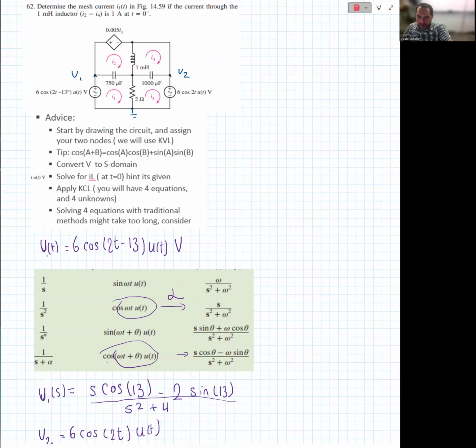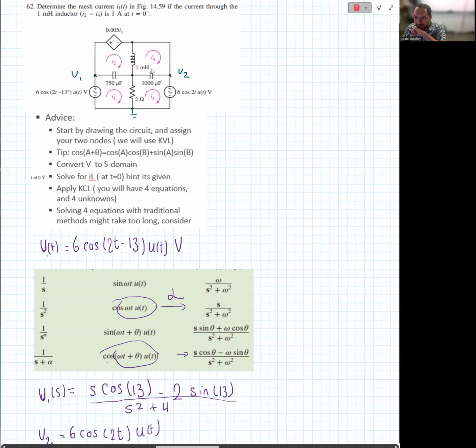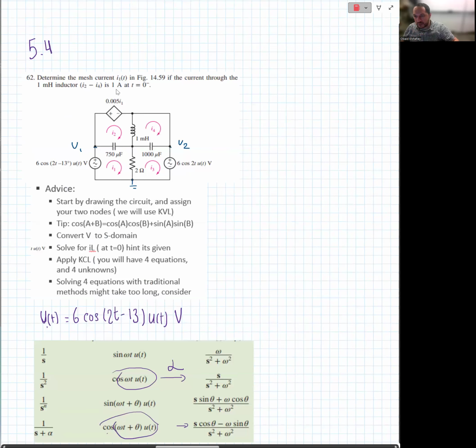Then let's start by drawing the circuit and assigning the two nodes. Let's draw the circuit in its equivalent S domain. Before that, we can start by getting the initial conditions. So the initial condition for the current is 1 ampere.